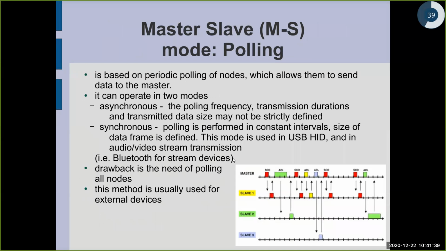Here you have an example. Master sends a request package to every device. So here master sends to slave 1, and slave 1 answers. It sends to slave 2, and slave 2 answers, then again to slave 1, to slave 2, to slave 3, and so on.